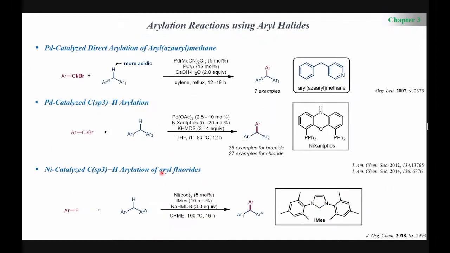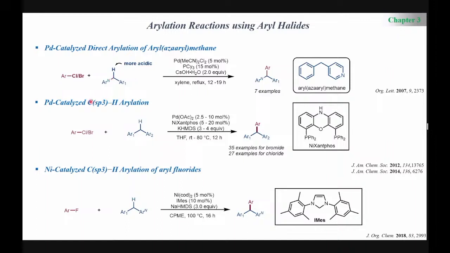Well, in 2007, this palladium catalyzed triarylation reaction was developed. In this reaction, both aryl chlorides and bromides are suitable substrates. However, in terms of this coupling partner, instead of an ordinary diarylmethane, they intentionally use this arylmethane as a substrate because the proton here is a little bit more acidic than an ordinary diarylmethane, which made this reaction feasible.